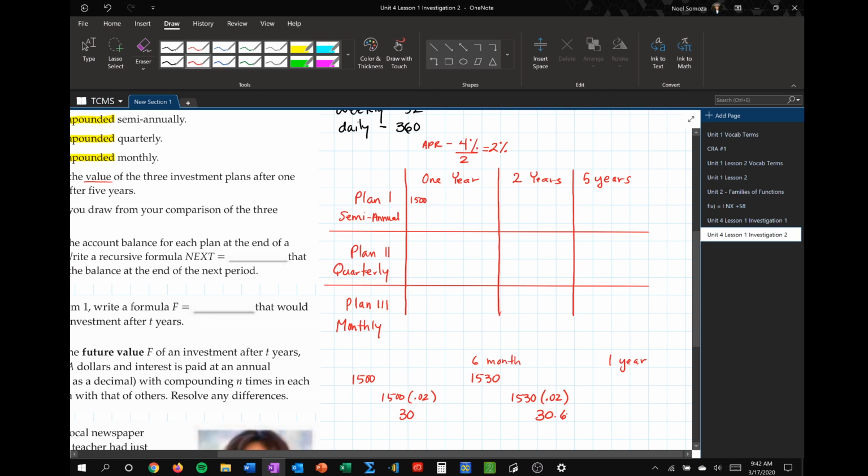Now at the end of the year, you add that, and so you end up with 1,560.60. So after 1 year at semi-annually, you finish with 1,560.60.